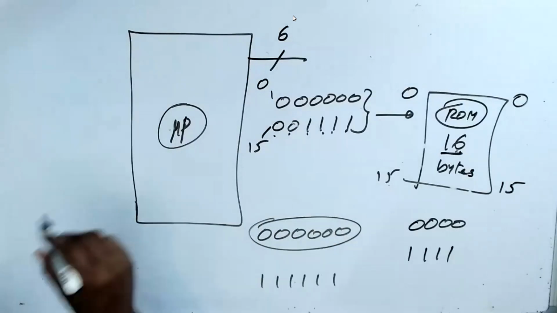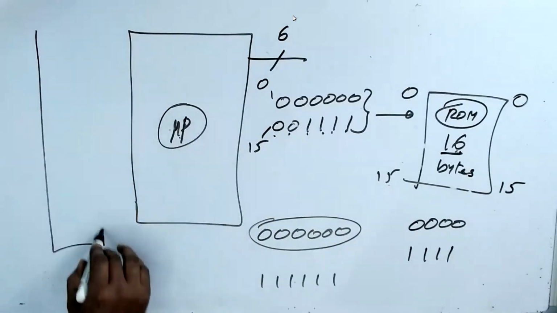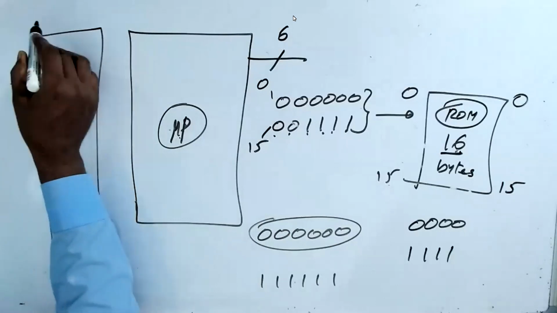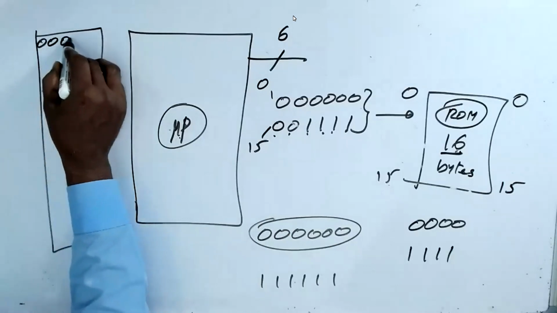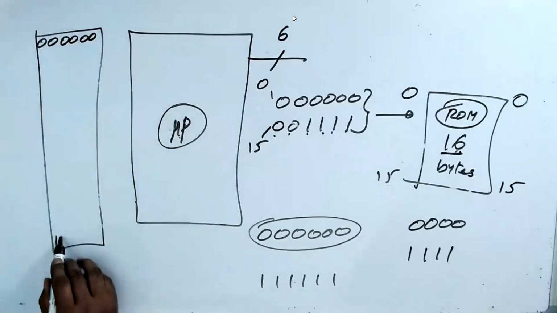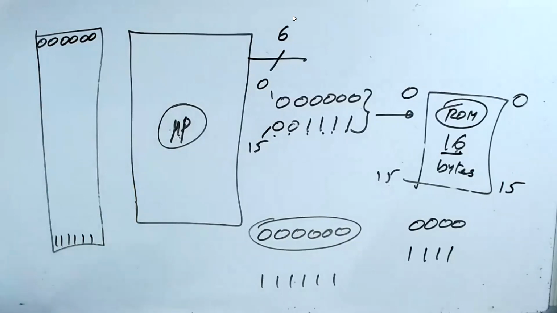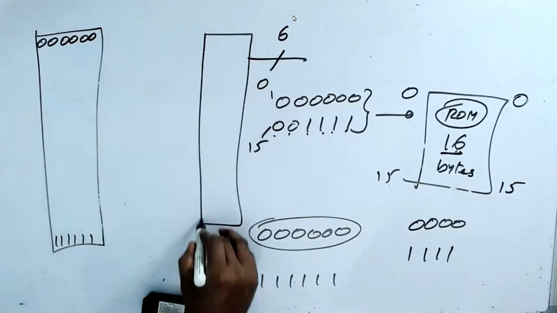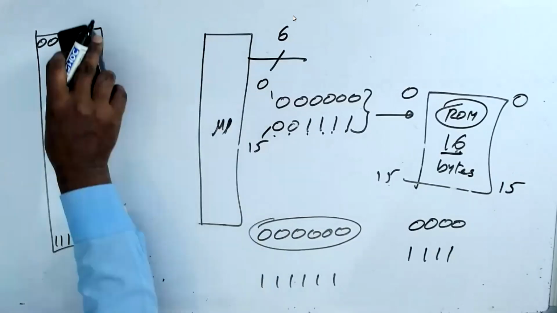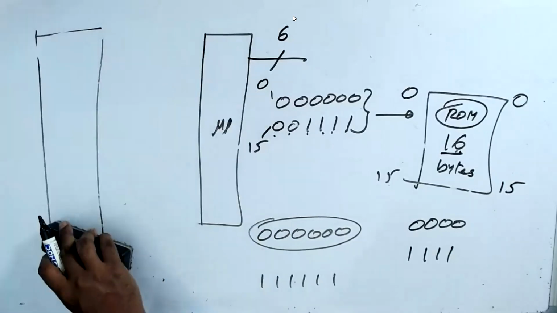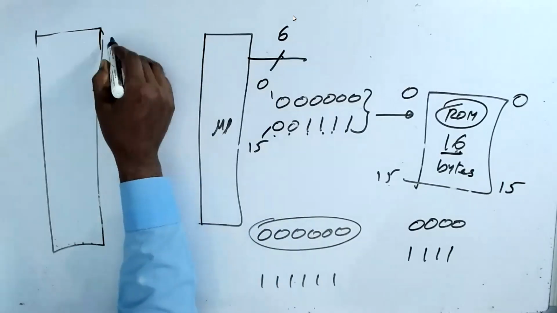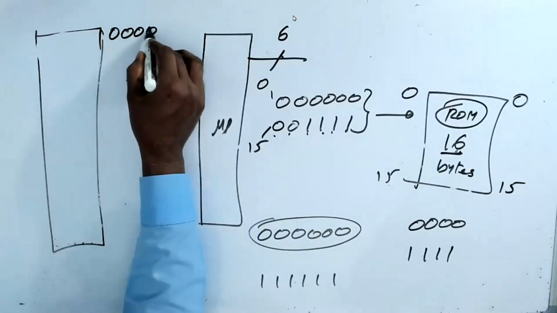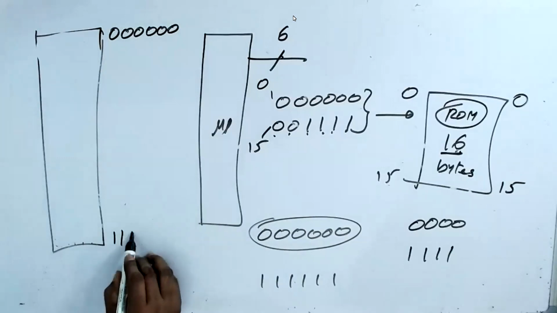So this microprocessor, which has 6 address lines, can give addresses from 000000 to 111111, which is 0 to 63.